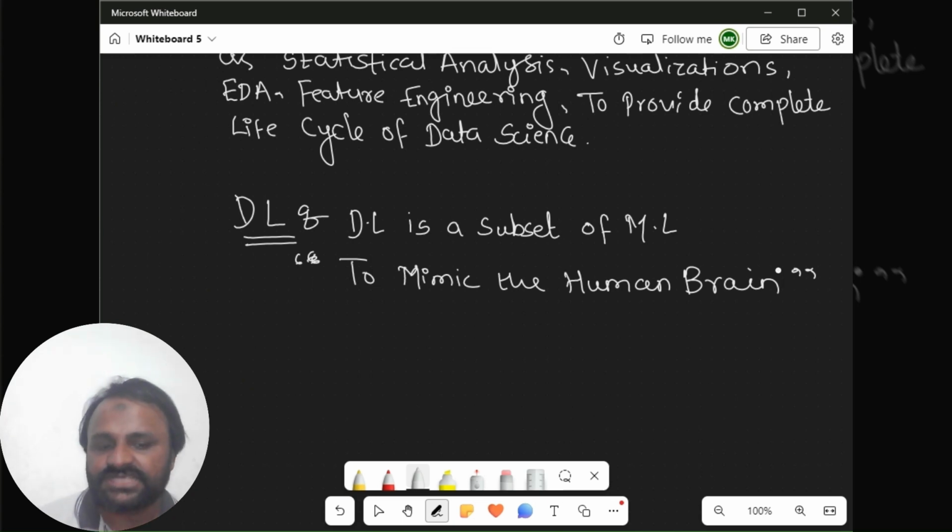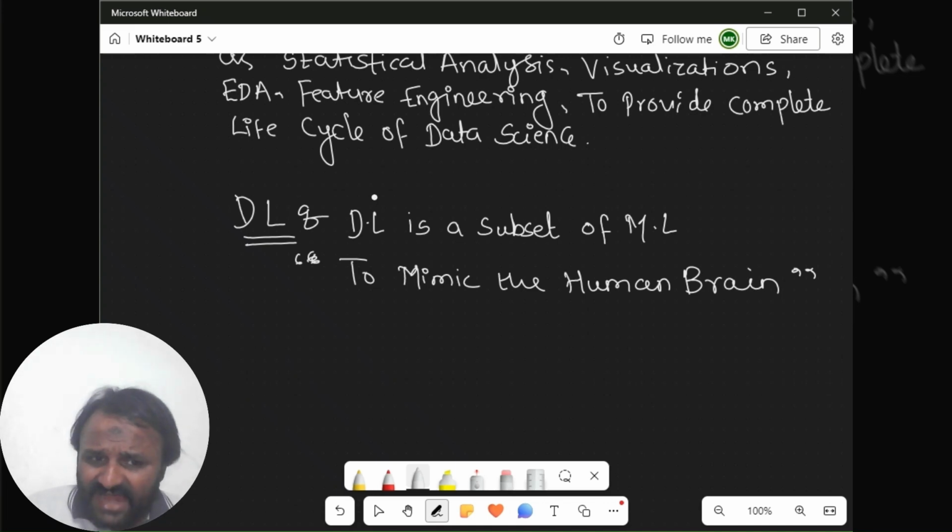This is the main aim of deep learning, and it's very famous nowadays, because to understand generative AI, deep learning is the path where you have to work very hard. The concept of the multi-layered neural network is like the neurons present in our brains.